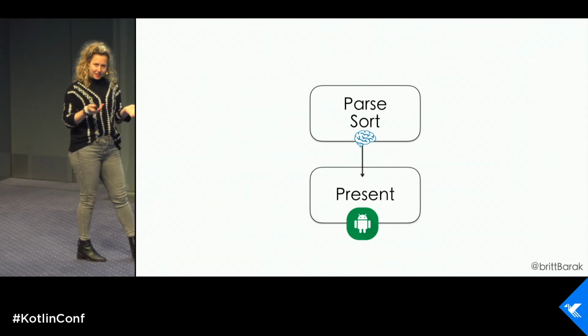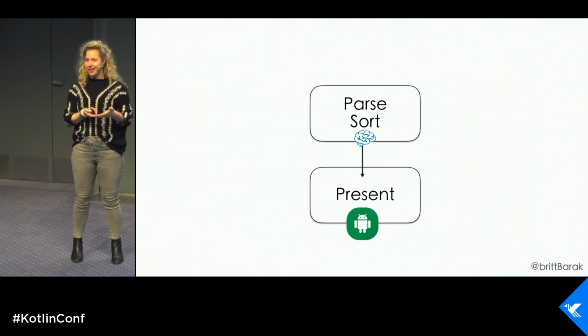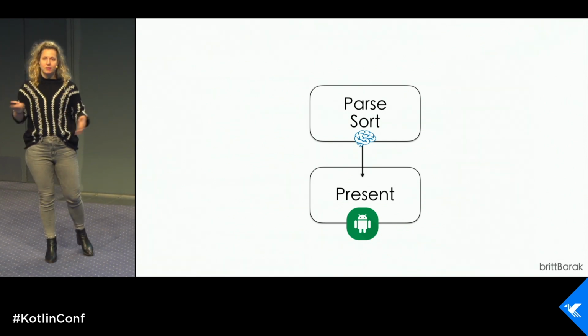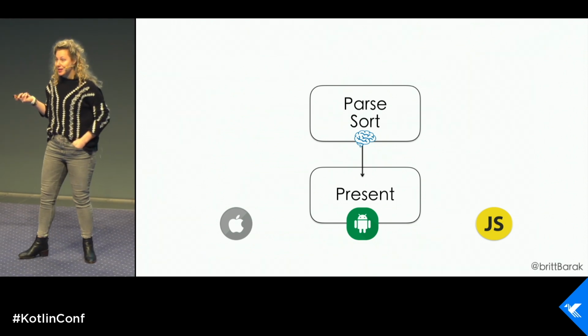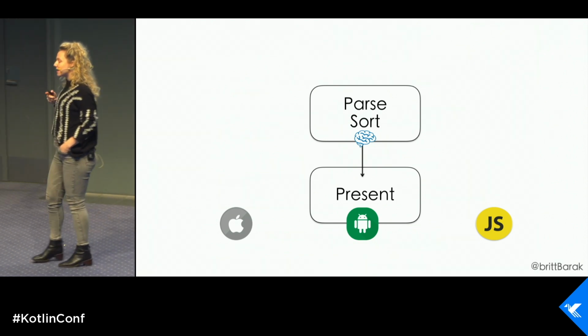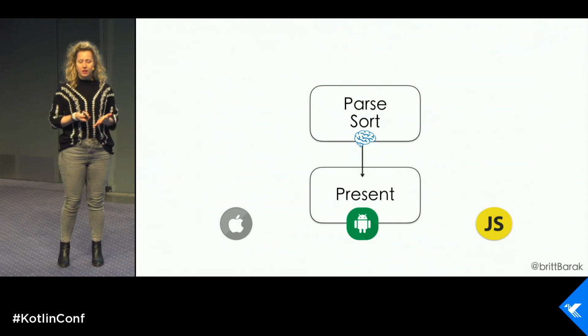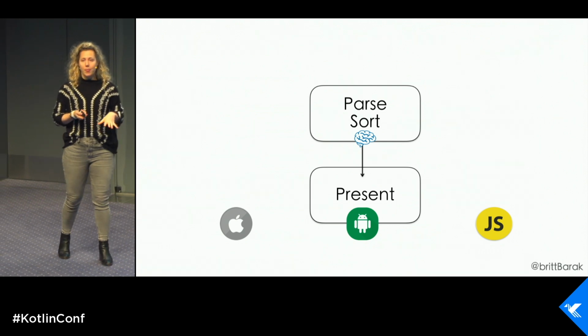You can guess, probably you already guessed, that an Android app would not be enough for us because we all have different types of technologies and different types of phones that we want to use. In this case, we would want to have the same app, the same functionality, also for iOS and for JavaScript, for the web.